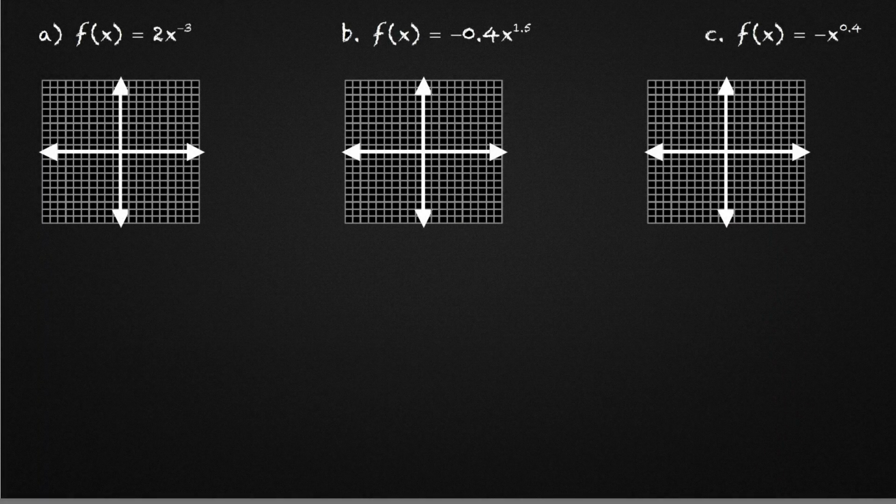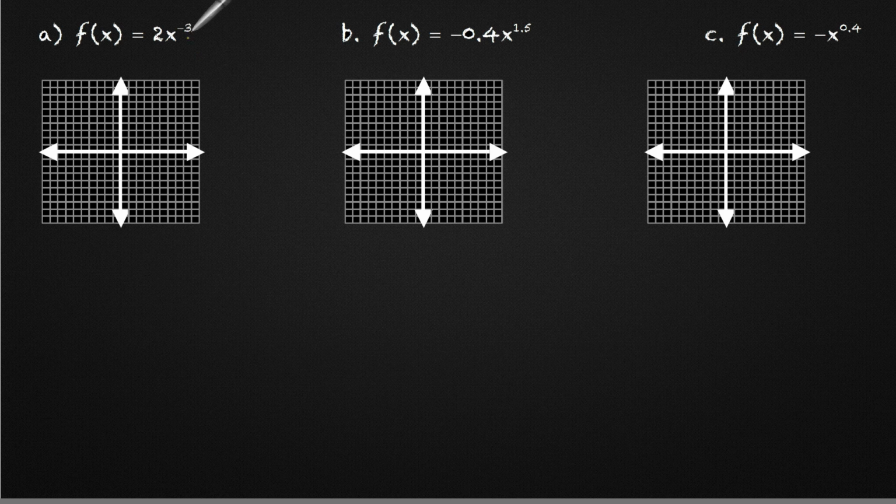Okay, let's say we have these three power functions that we are trying to sketch. The first thing we want to do is look at the coefficient in front of the power function. If it's positive, we know we're going to be in the first quadrant. If it's negative, we'll be in the fourth. This is positive, so we'll be in the first quadrant.